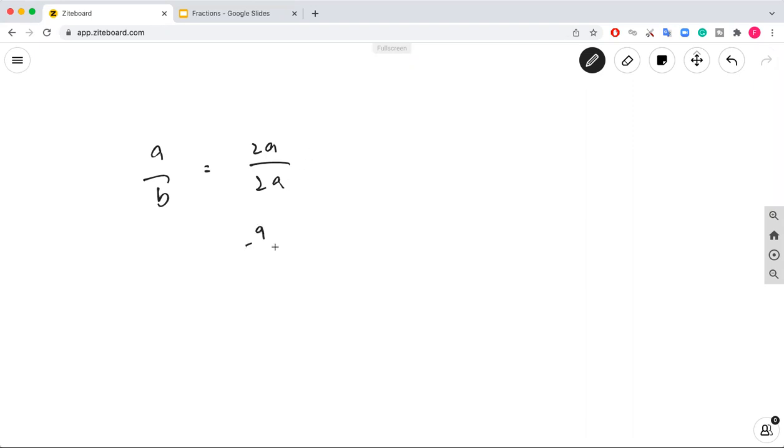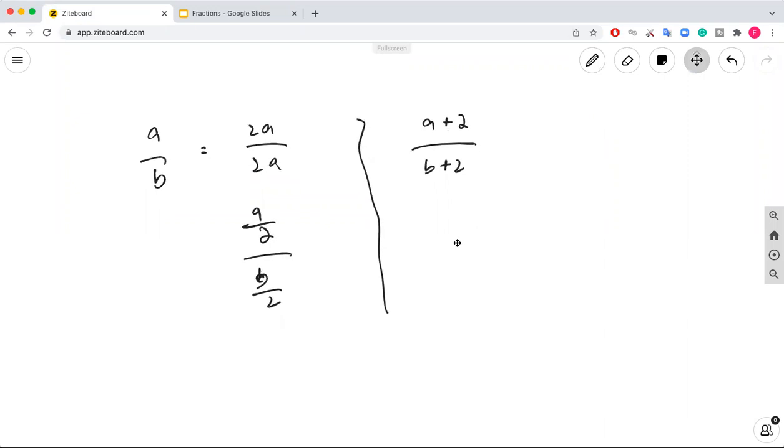If we divide a by 2 and also divide b by 2, the result is also the same, right? But if I add 2 to a and add 2 to b, the result will not be the same. Likewise, if I subtract from a and from b, the result will also not be the same, right? For now, I'm just giving an idea. We'll discuss each of these a bit later.